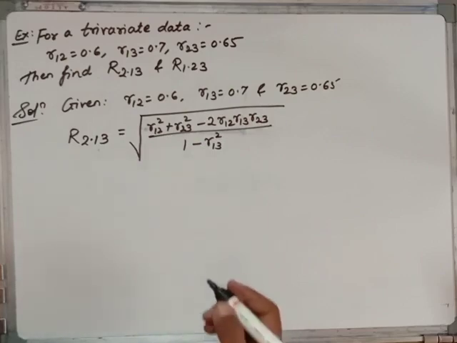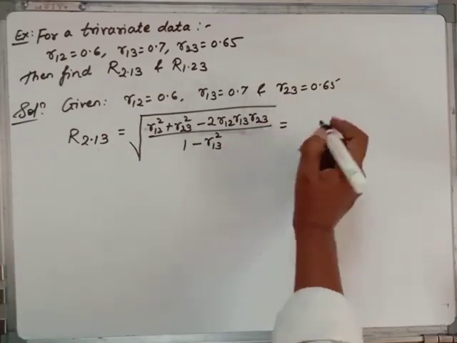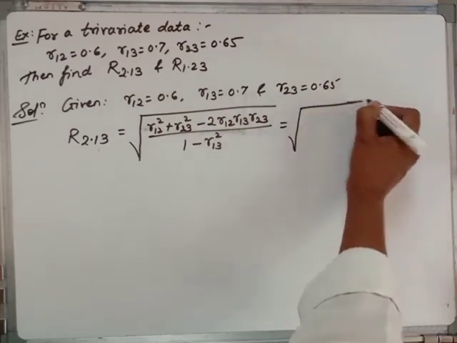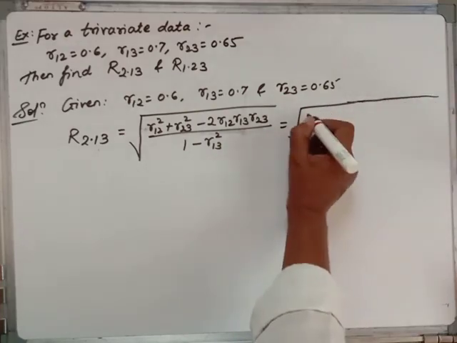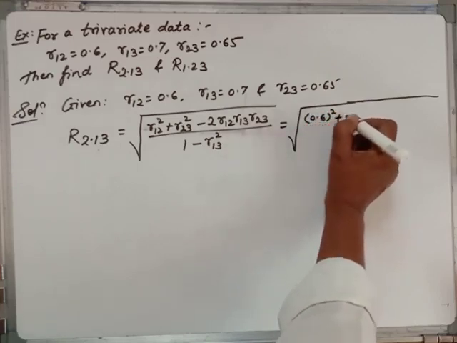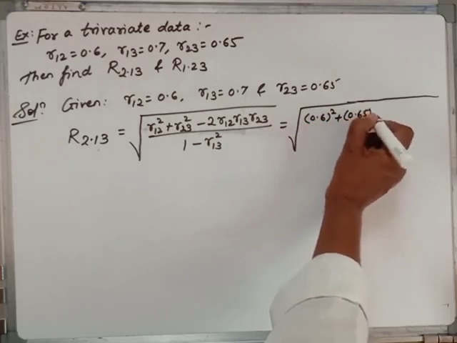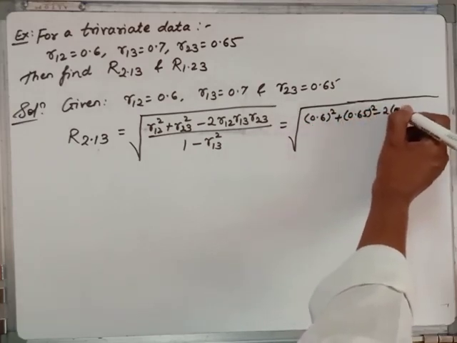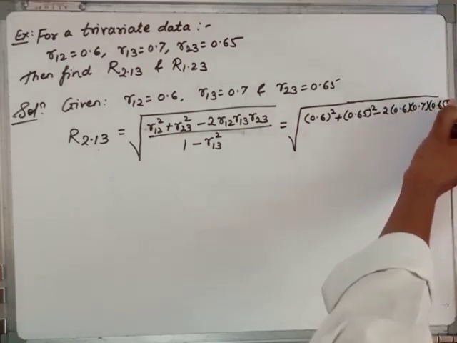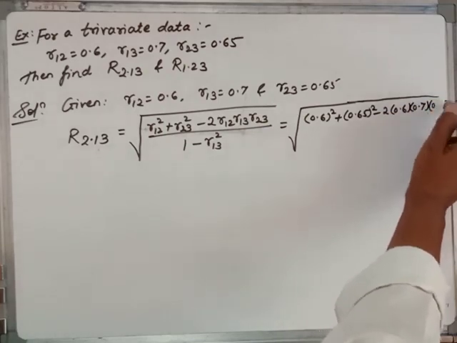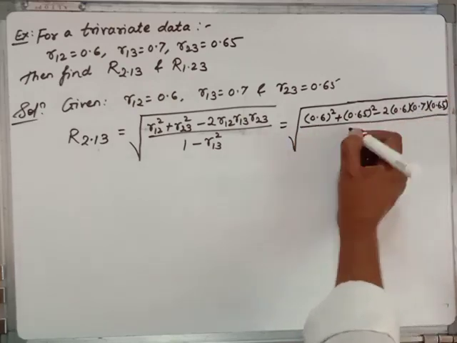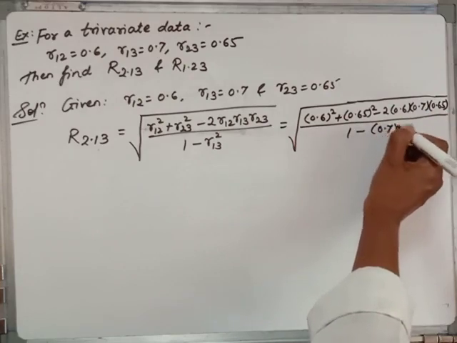So put the values from the given one. We get it is under root R12 square means what? 0.6 square plus 0.65 square minus 2 times 0.6, 0.7 and 0.65 upon 1 minus 0.7 square.